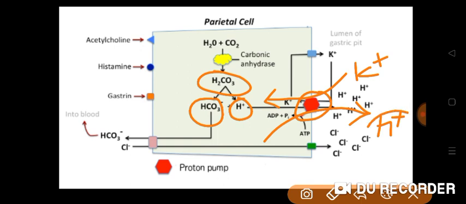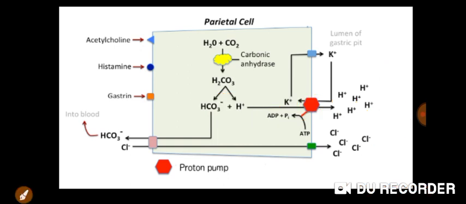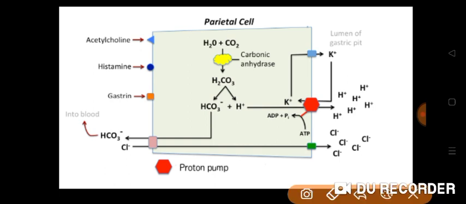So this proton, or H plus ion, comes into the lumen of the gastric pit, and this process requires ATP in the form of energy.